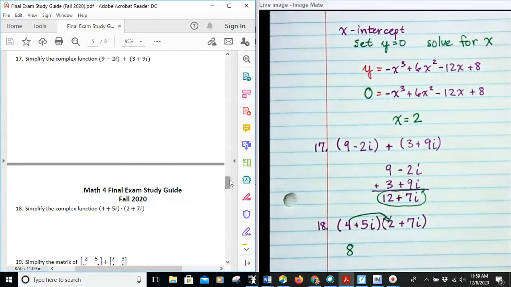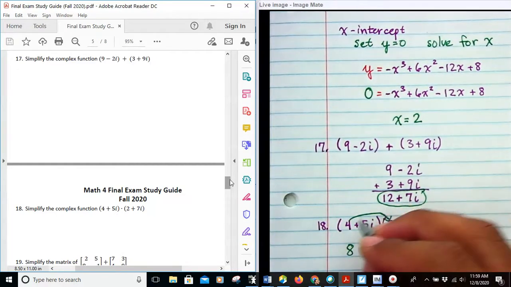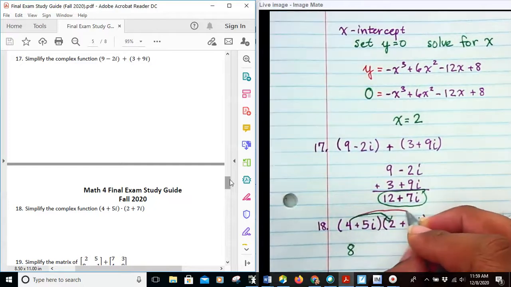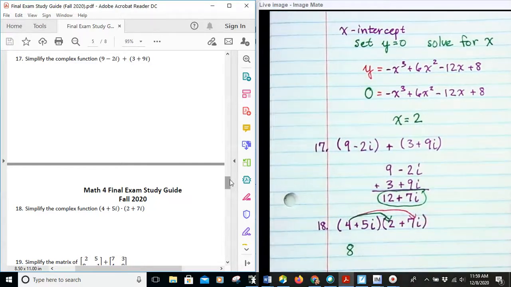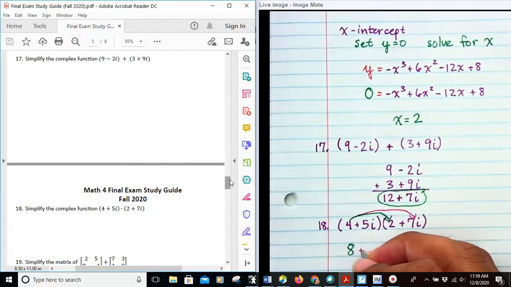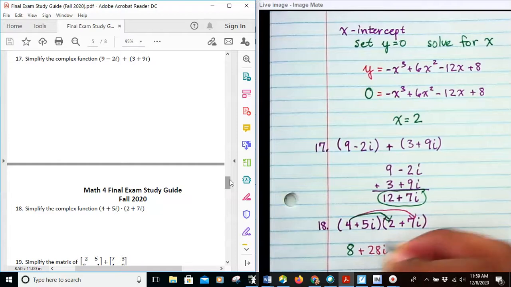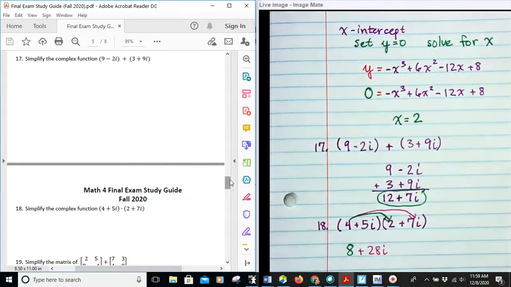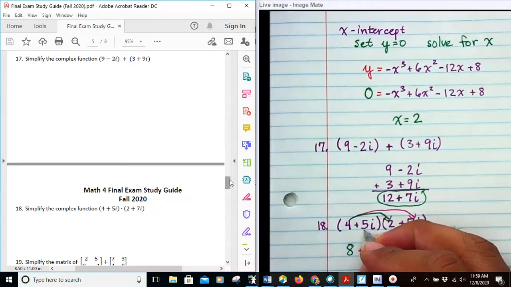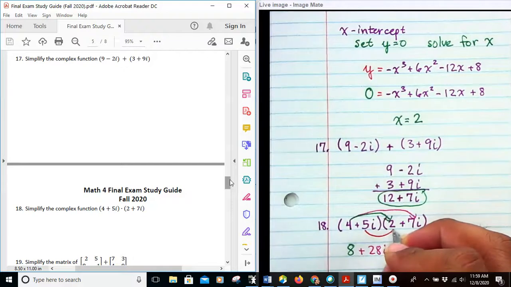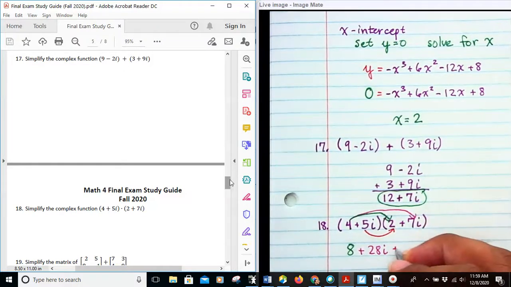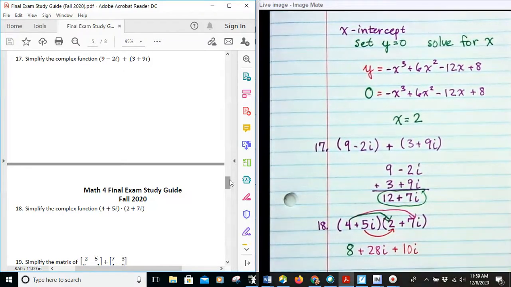I think they call it the rainbow method because they use different colors, I'm assuming. All right, so 4 and 7i is 28i. All right, so 5i and 2 is 10i, a positive 10i.